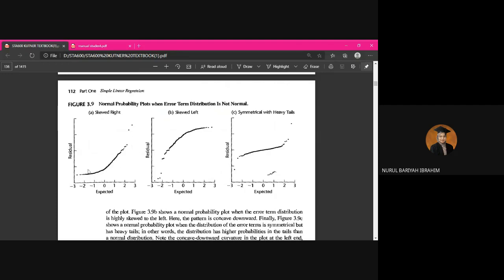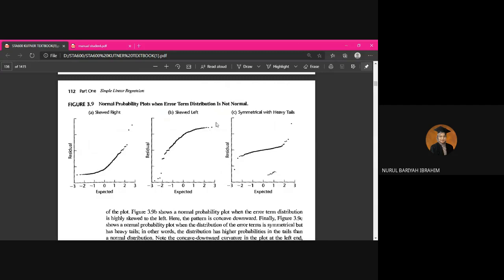Okay, sebab kalau kita buat sebenarnya kalau ada straight line dekat sini dia berada di sini, so dia punya plot ni terbentuk di bawah. Ini adalah right skewed. Okay, right skewed to the right. So normality assumption is not fulfilled.